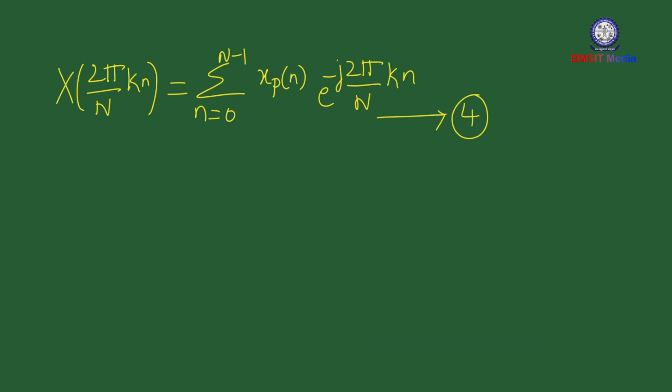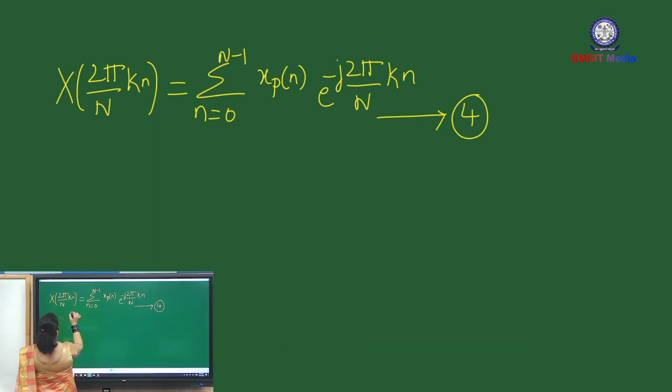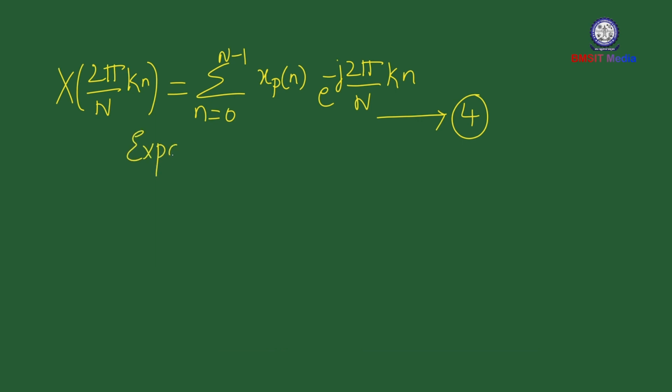Now xp of n is the periodic extension of x of n. Now we'll expand xp of n using Fourier series.